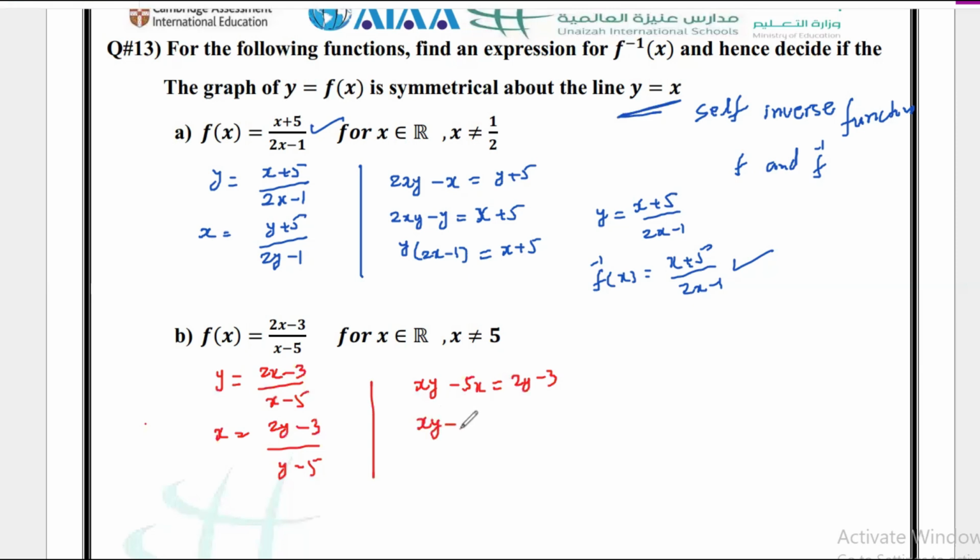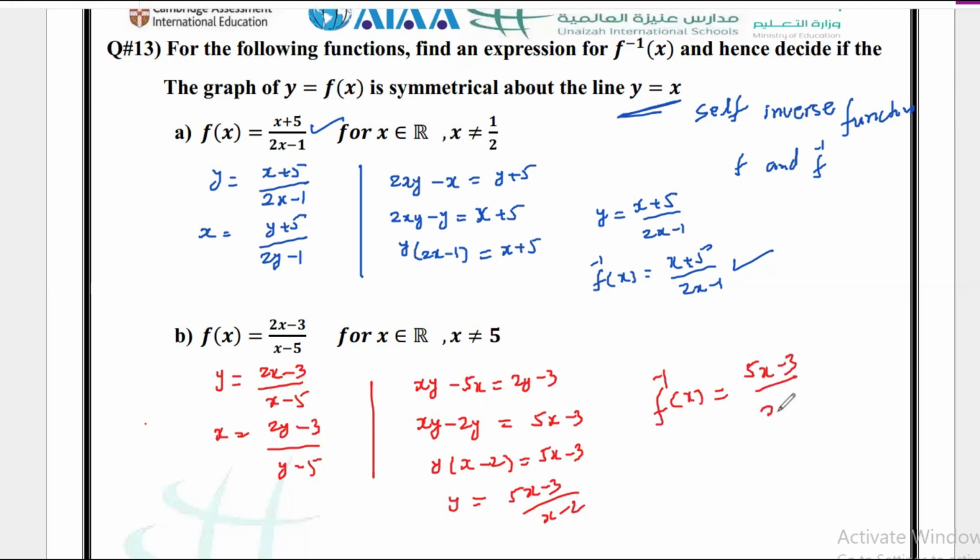So xy minus 2y is equal to 5x minus 3. So we can take y common as we are looking for y as the subject. So y is equal to 5x minus 3 over x minus 2. Or this is f inverse x, which is equal to 5x minus 3 over x minus 2.